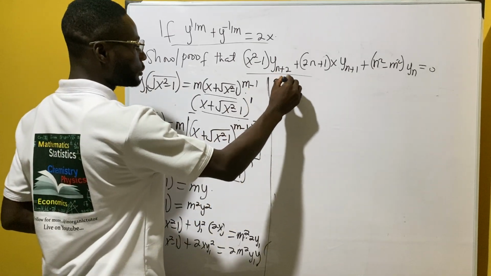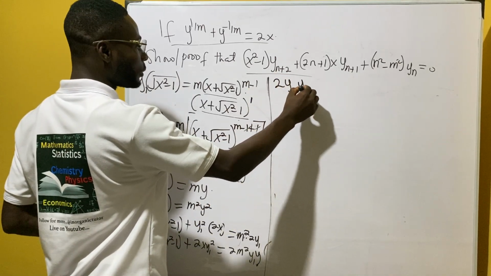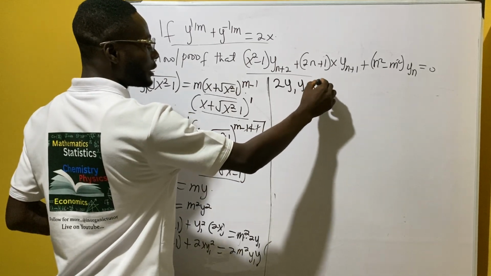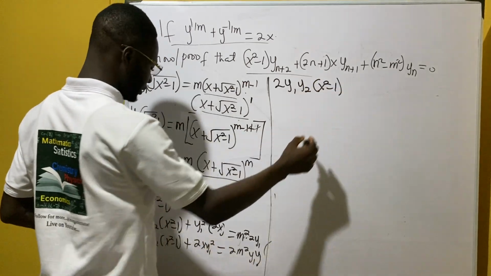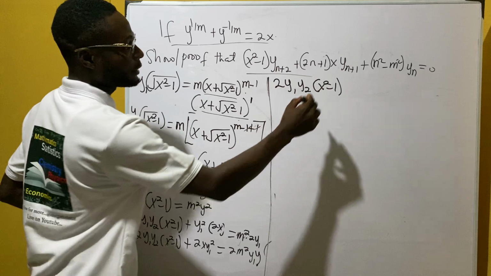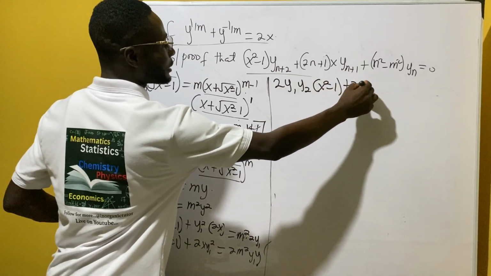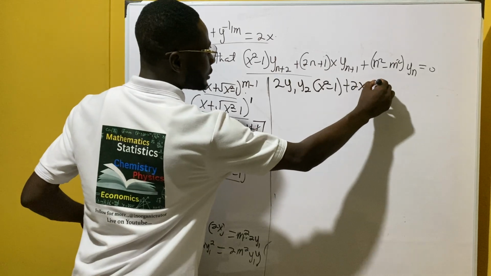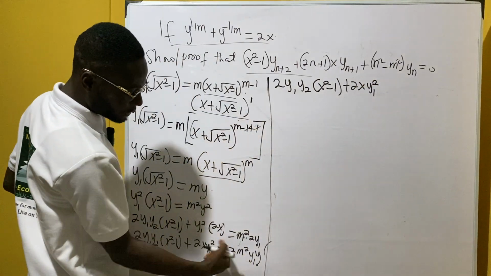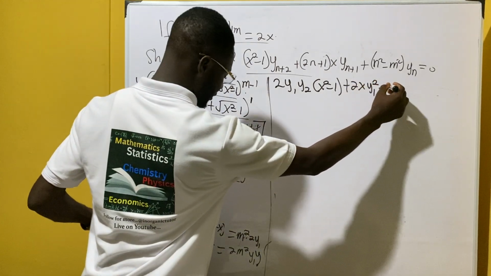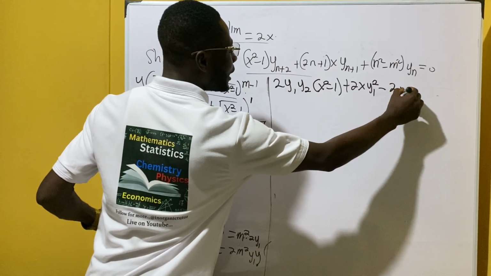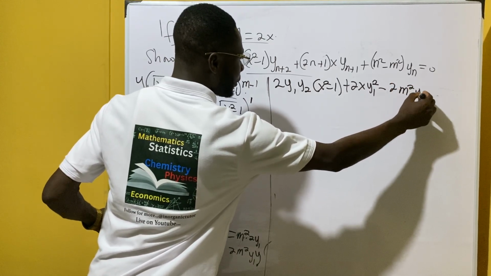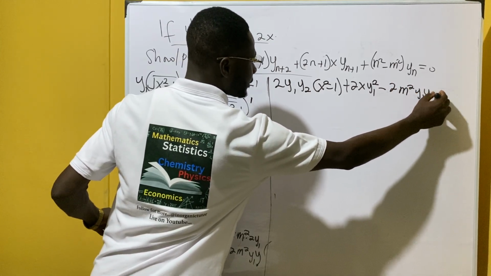So we have 2y1 y2 (x squared minus 1), then plus 2x y1 squared. Then let's bring this right here so that we have minus 2m squared y1 y equals 0.